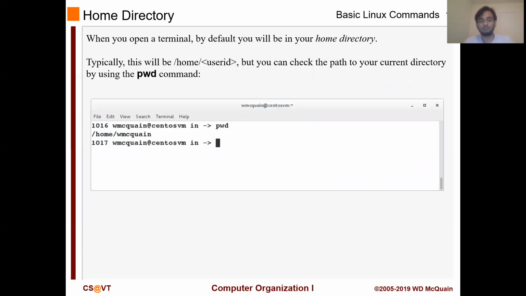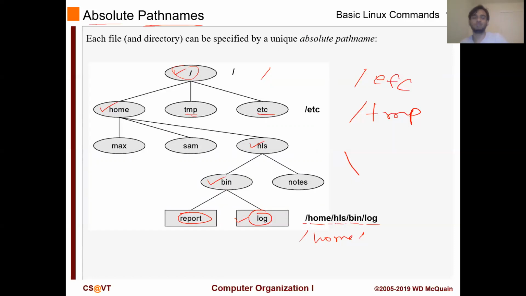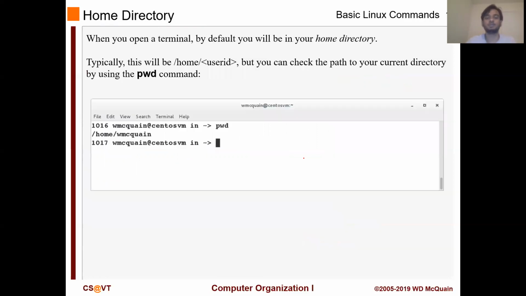Whenever you open a terminal, you will be at your home directory. The home directory is basically where everything is. For example, in this structure, whenever you open a terminal, it starts from here if you are named Max, from here if you are named Sam, or HLS if you are named HLS. That one is your home directory.